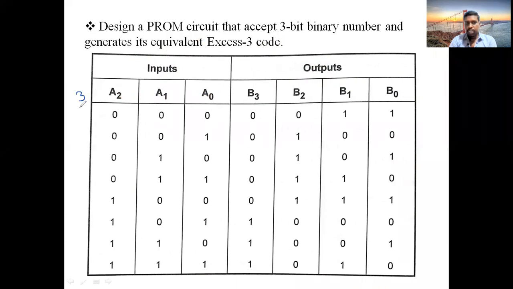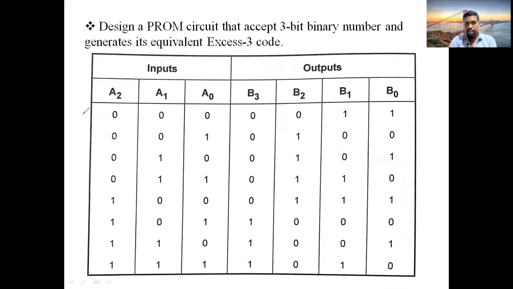So if I have 3 bits, then how many combinations will I have? 2 power 3. What is 2 power 3? 8. For n number of inputs you will have 2 power n combinations. Likewise, for 3 inputs you will have 2 power 3 combinations. So I have written all the combinations from 000 to 111.